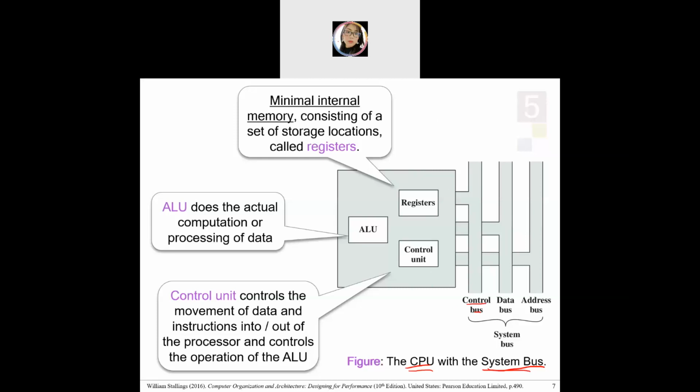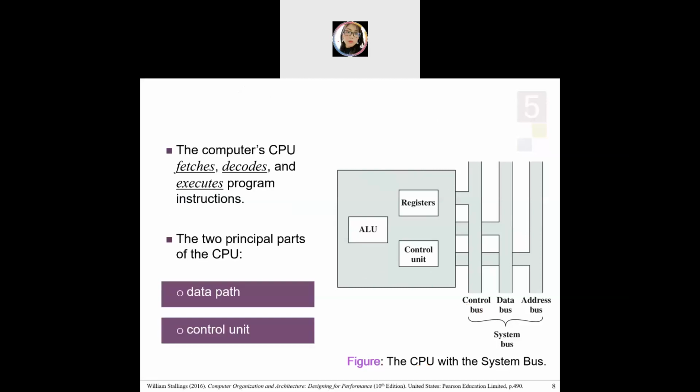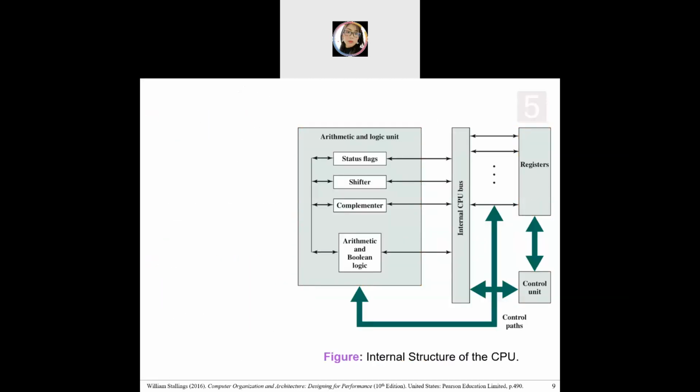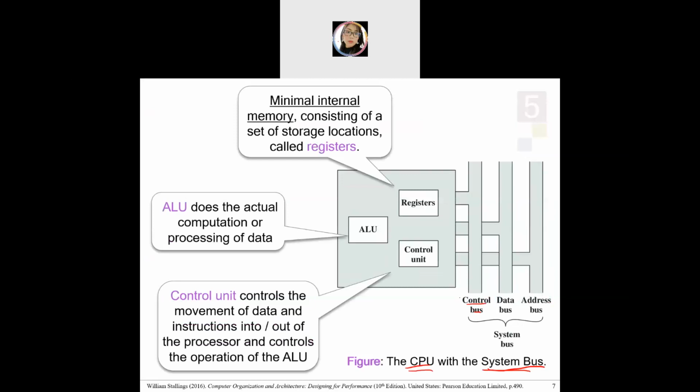Later on, you're going to see the definitions. There is a table: what is the function of the control bus, what is the data bus, what is the address bus? They each have their own focus area.